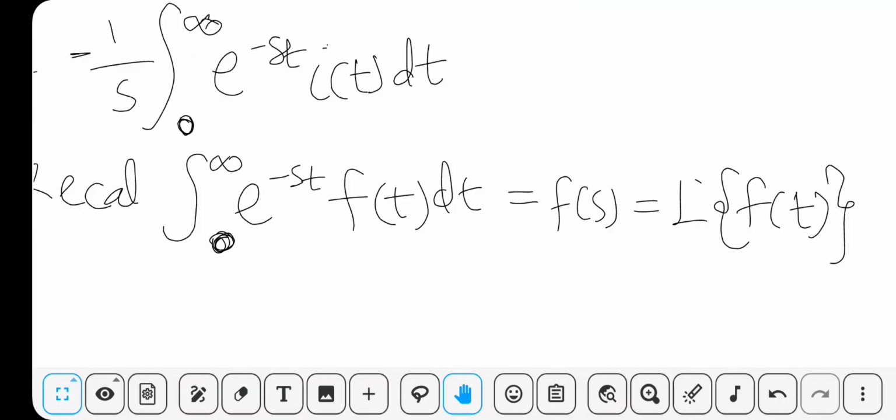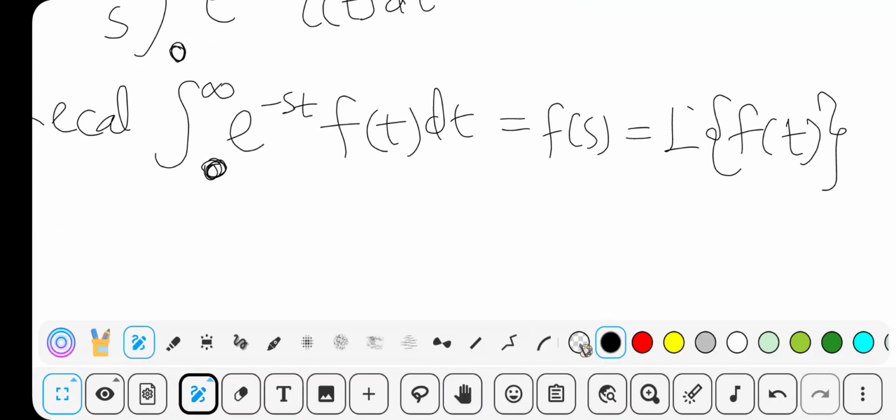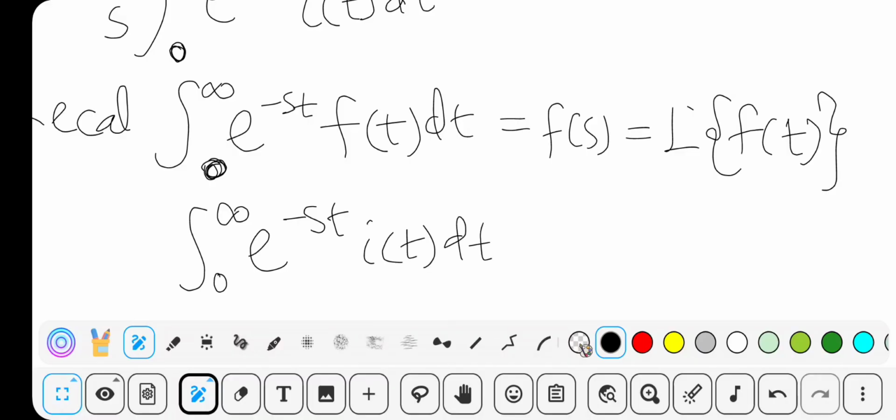It's still the same thing, it's just that it will change to I(s). So this now is equal to I(s).